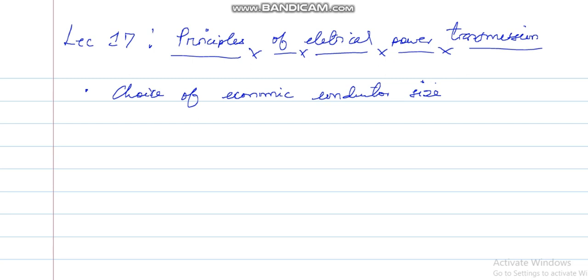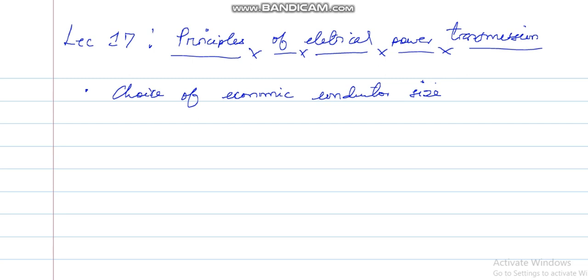Na tunasema kwamba the most economical conductor size for transmission line is that size of conductor that the annual cost of the transmission line is minimum. Okay?